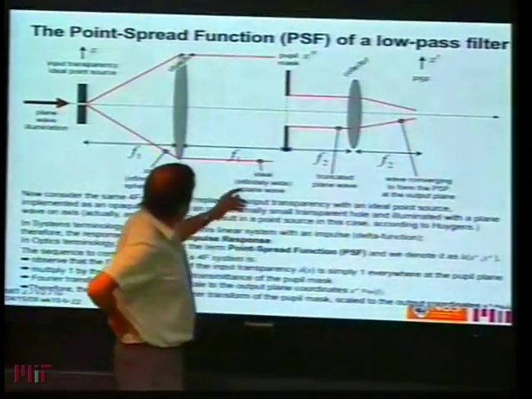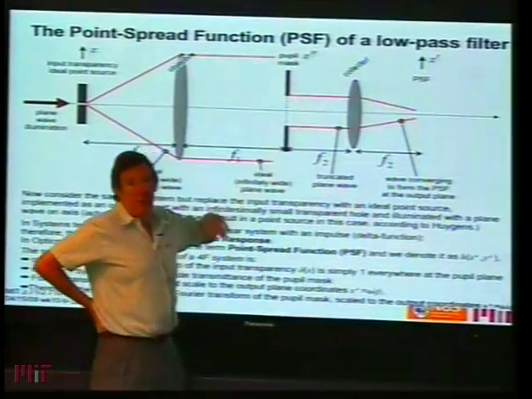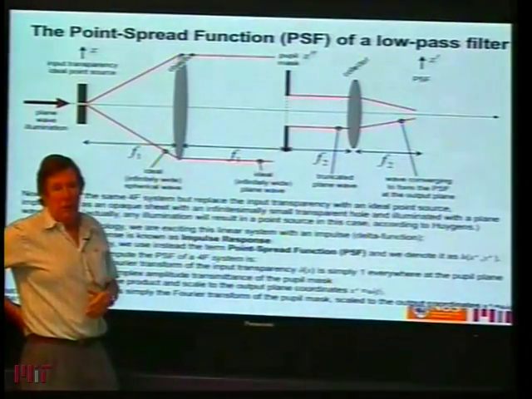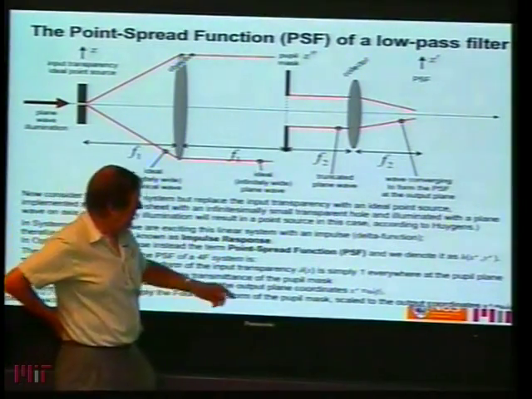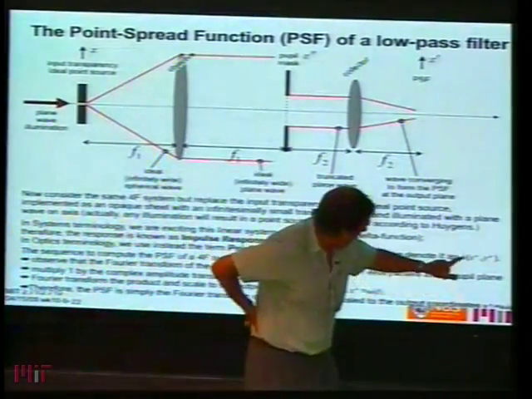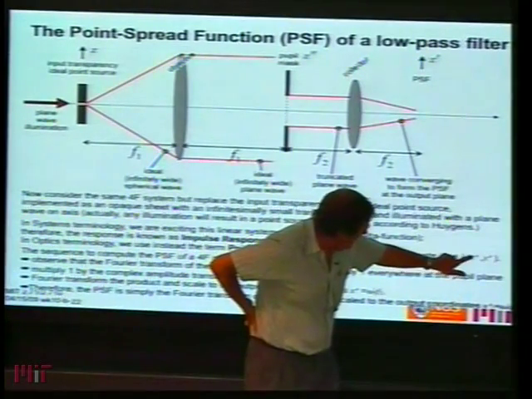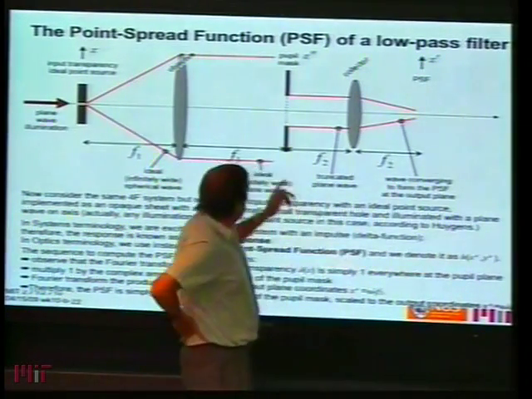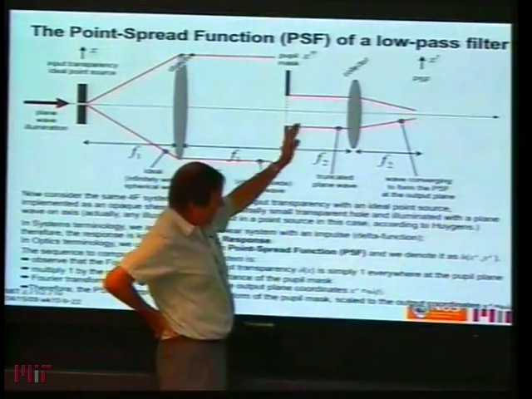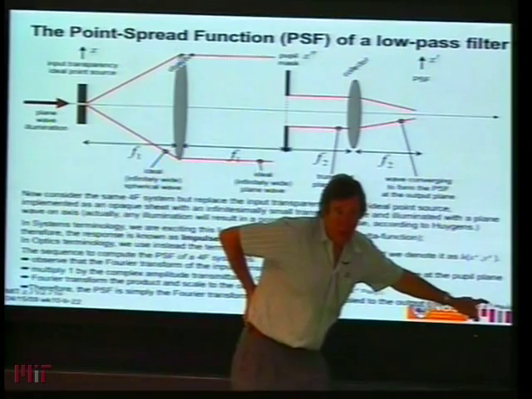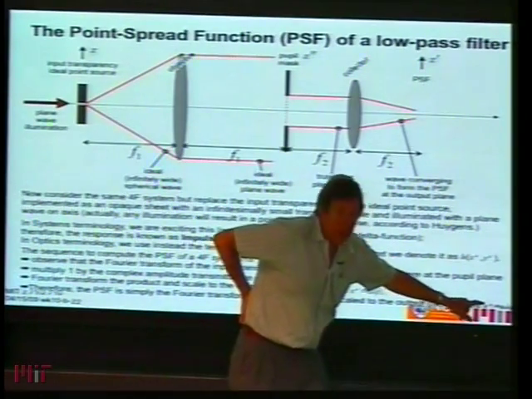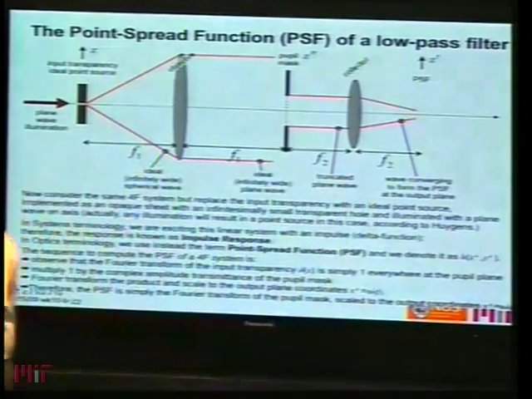But of course, when you do a Fourier transform of something, it's going to be a function of frequency, not of distance, isn't it? So really, this h of x dashed, we get by doing the Fourier transform of this, and then scaling the coordinates in order to get it into the coordinates x dashed.